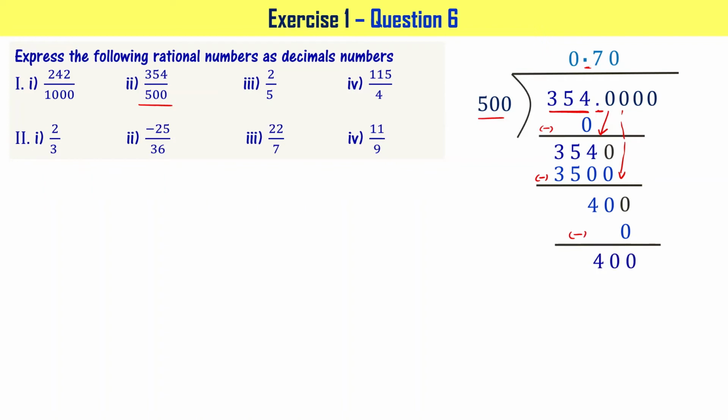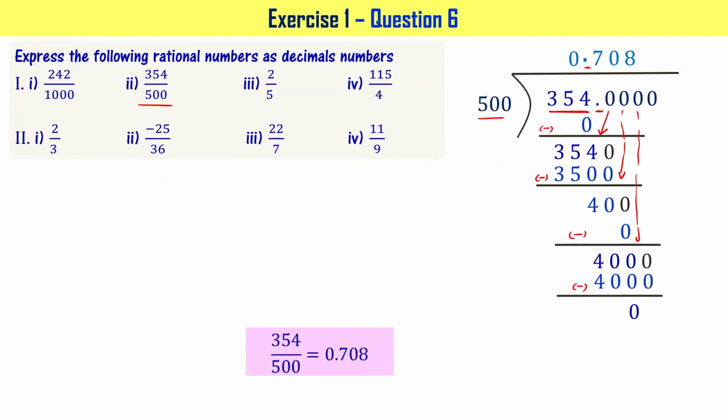Now let me bring the third 0 down so that it has become 4000. 8 times 500 is 4000. Let's subtract that. When you subtract, the remainder you get is 0, right? So I can write now the given rational number 354 divided by 500 as 0.708, right?